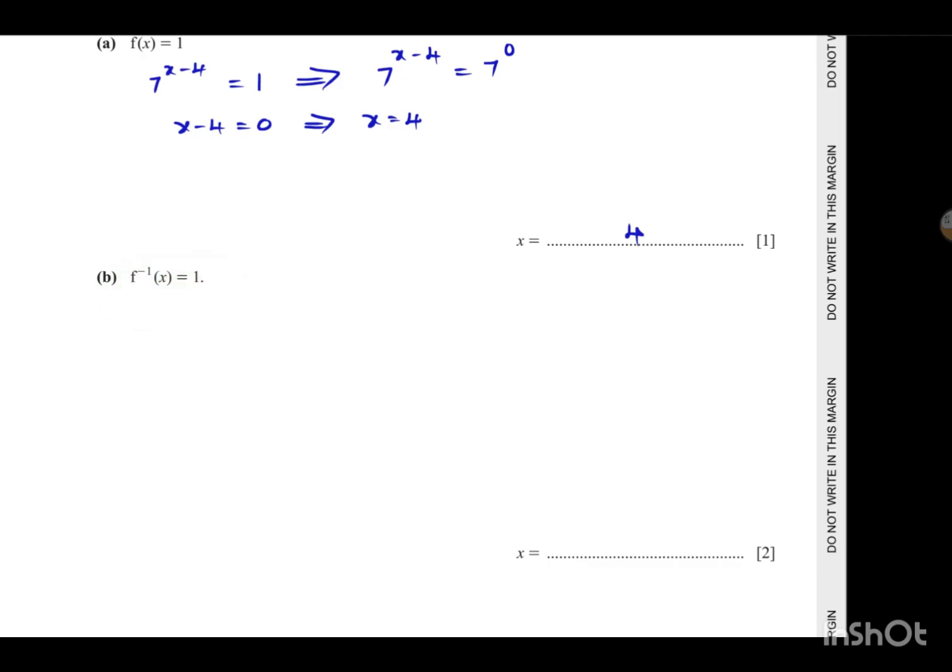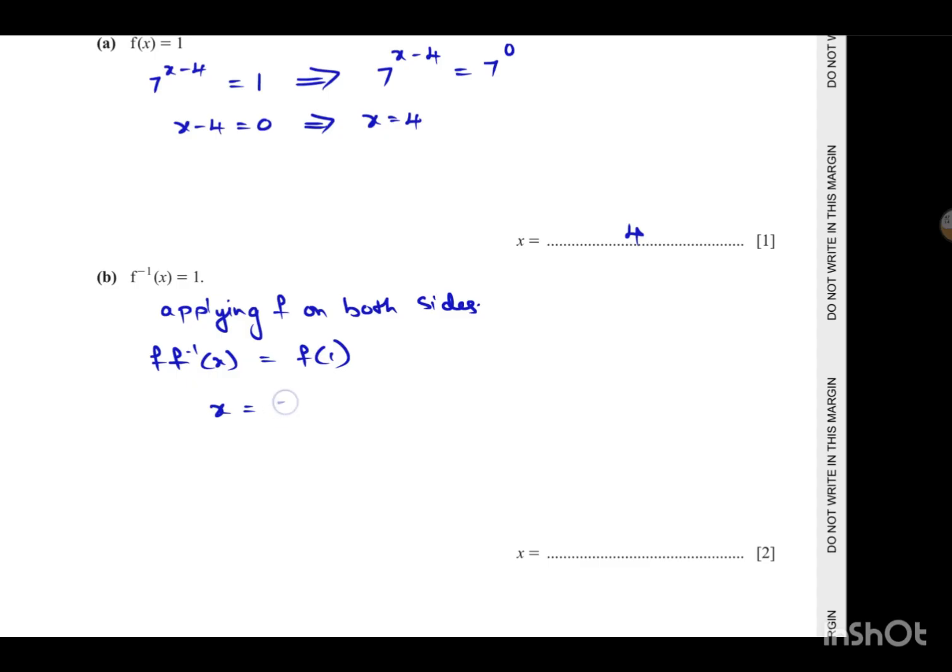So answer is 4. Question B, f inverse of x is equal to 1. Find out x here again. When f inverse of x is given, you can apply f on both sides. So f of f inverse of x is equal to f of 1. The f function with f inverse gets cancelled, and x is remaining on the left hand side.